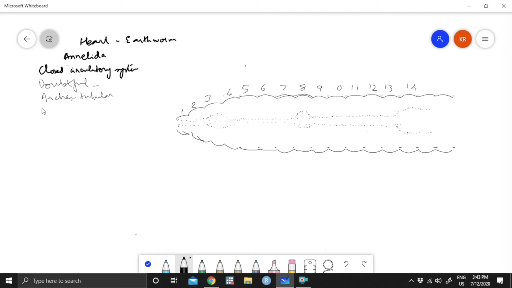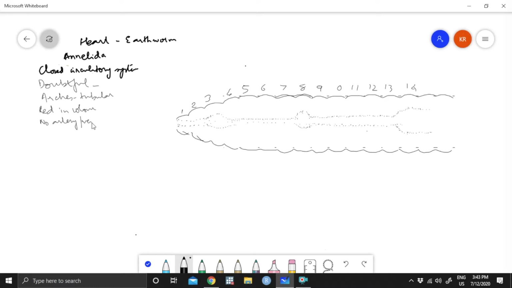Secondly, the blood in earthworm is red in color. That is because it also has got hemoglobin as the pigment. Thirdly, there is no system of artery and vein in this case.